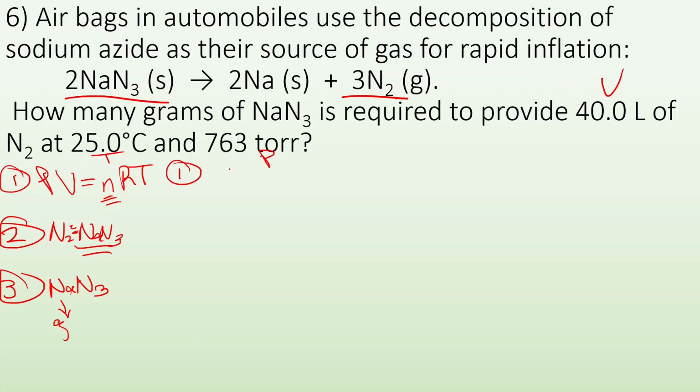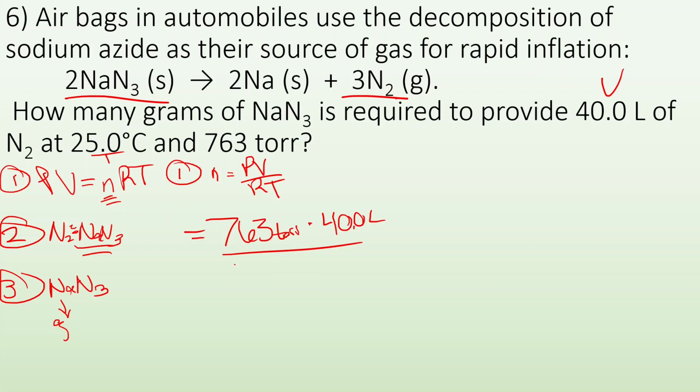PV equals nRT. All right, I'm solving for n, so I know n equals PV over RT. So the pressure, they tell me is 763 torr times the volume. Well, that's got to be 40 liters from the problem. Divided by RT.